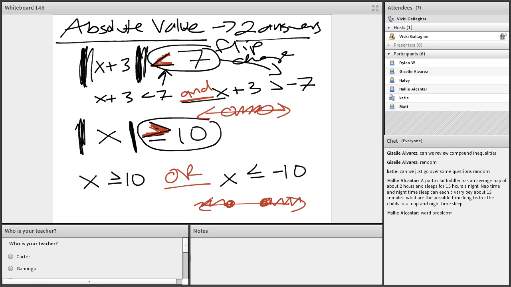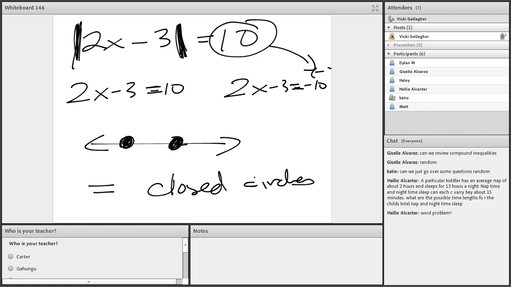If it's a greater than, you write or, and you graph like we talked about on the previous slide. There's also an option of an equal sign for absolute values, and if we ask you to graph that, it's just closed circles with no shading. I have not gone over any special cases. Special cases would be things like no solution or all real numbers. We can definitely talk about those later if you want to.